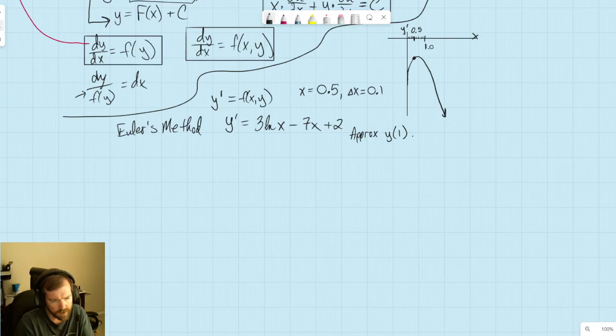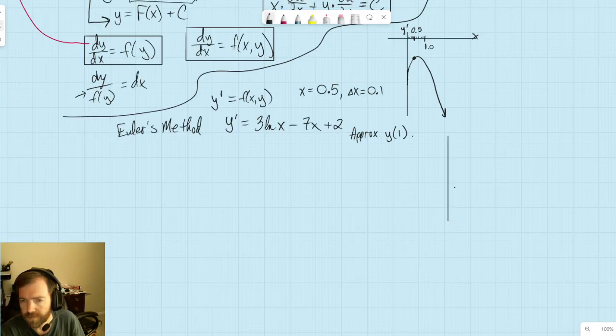Can we turn this one off real quick? There, 4. And then we graph it. Okay. Alright, so this particular function looks like this. And this is y versus x, rather than y prime versus x.